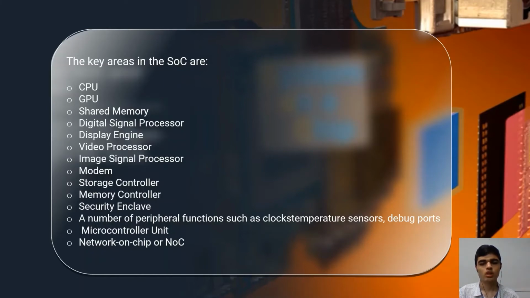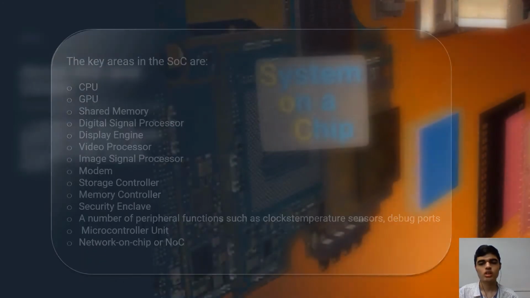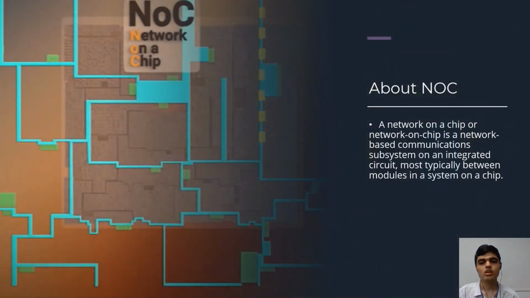Some phones also include power management performed by separate chips outside the SoC. Some companies like Apple also have a neural processing unit, or NPU, a specialized circuit which manages all the components efficiently.